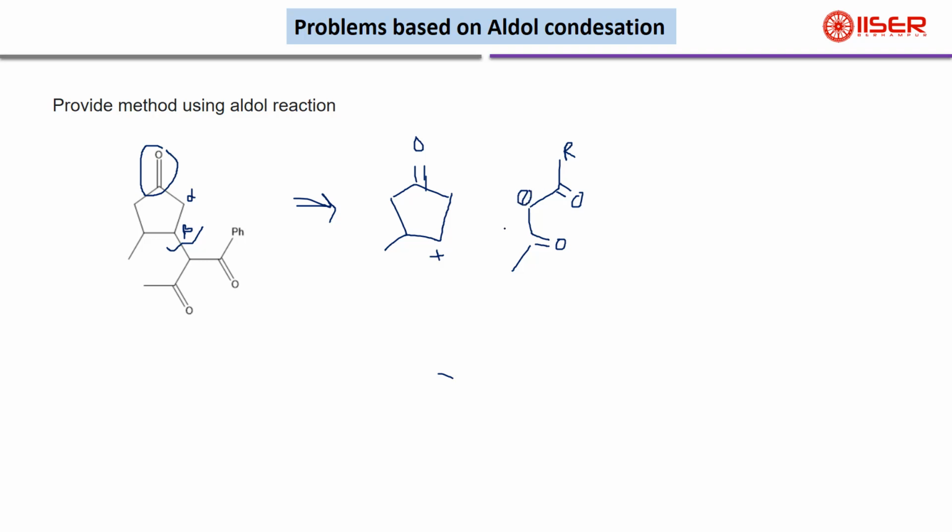Okay, so what will be the synthon for these two? Simple H plus, if you add an H plus, we can get this 1,2 diketone type of compound.